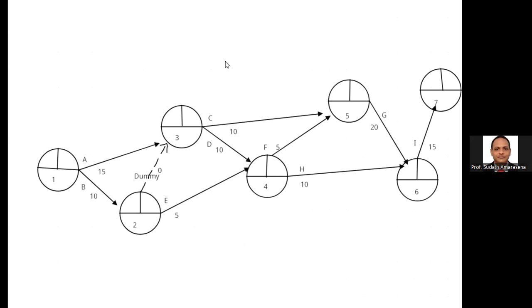Right, now we have completed the diagram. We just identified the duration of each activity. Now I'll explain how to identify the critical path. Everybody, have you completed up to that level?